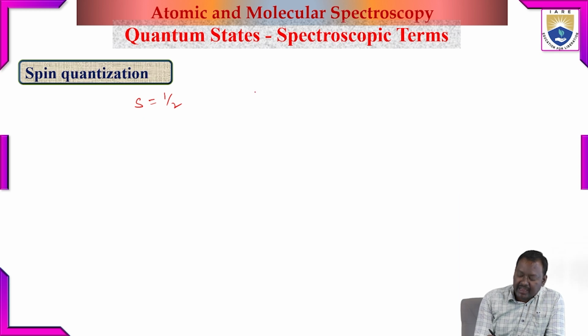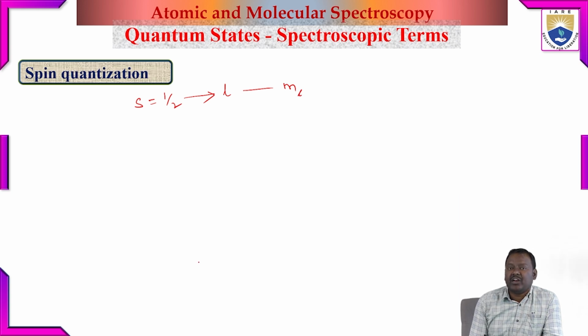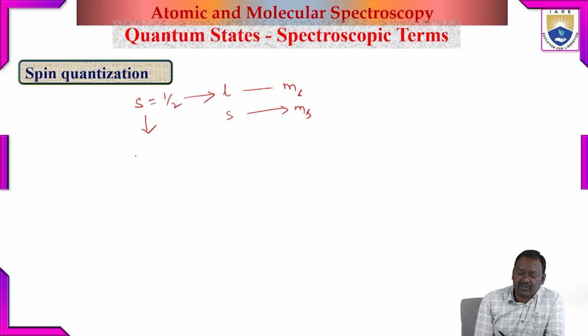Similar to L, as L has ML, the orbital magnetic quantum number, in the presence of a magnetic field, electron spin also can have a spin magnetic quantum number, MS. So for S equal to 1 by 2, MS can have two values, plus or minus the S value, that means plus or minus 1 by 2.